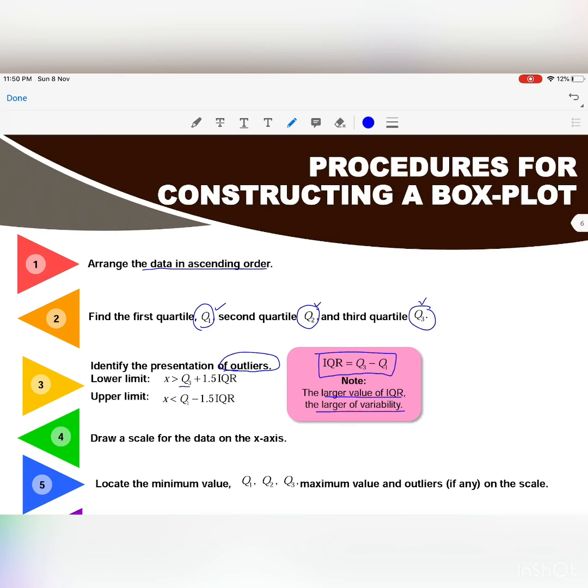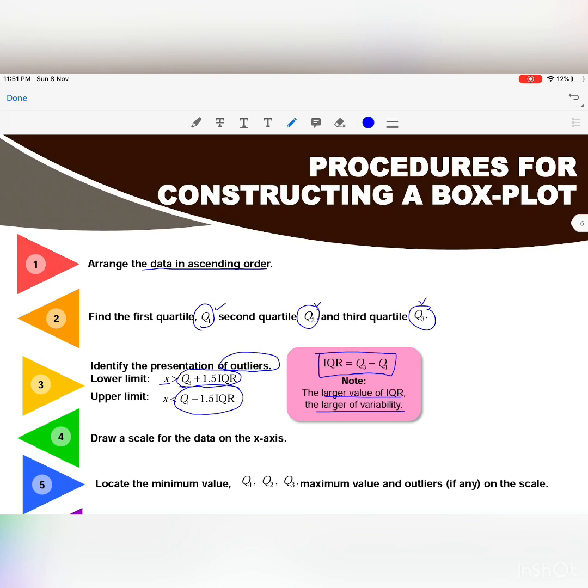Then we find the first one, Q3 plus 1.5 IQR. Another one is Q1 minus 1.5 IQR. So we need to calculate these two.